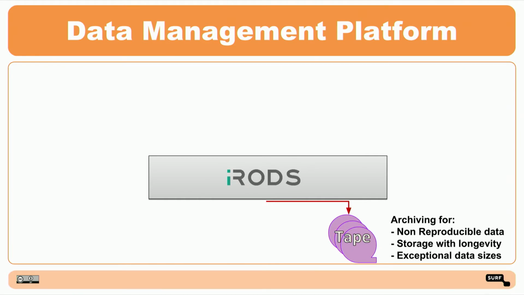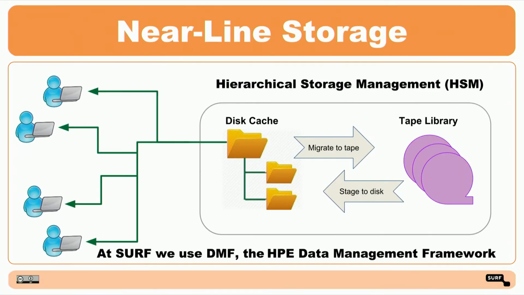As most people are aware, tape comes in most forms of a hierarchical storage management system, or nearline storage, where the user will put their file onto a disk space. It can be NFS mounted, it can be locally connected, whatever. And as far as they're concerned, that file is stored in a storage system.